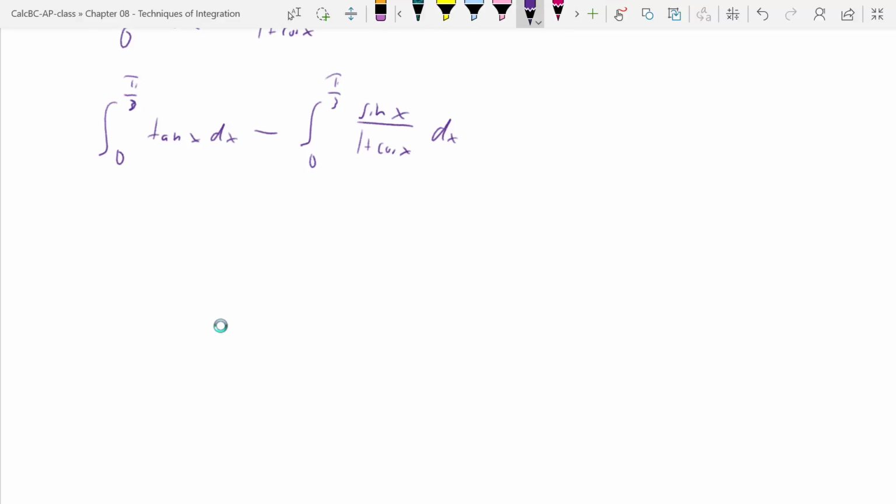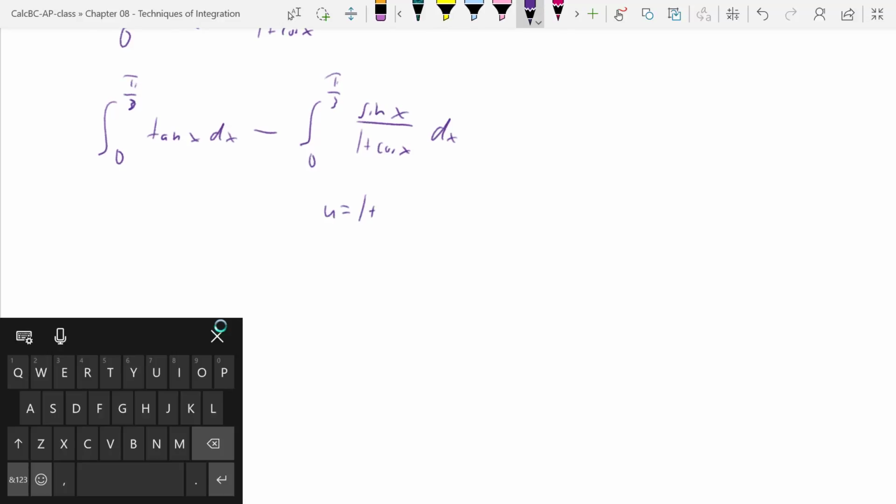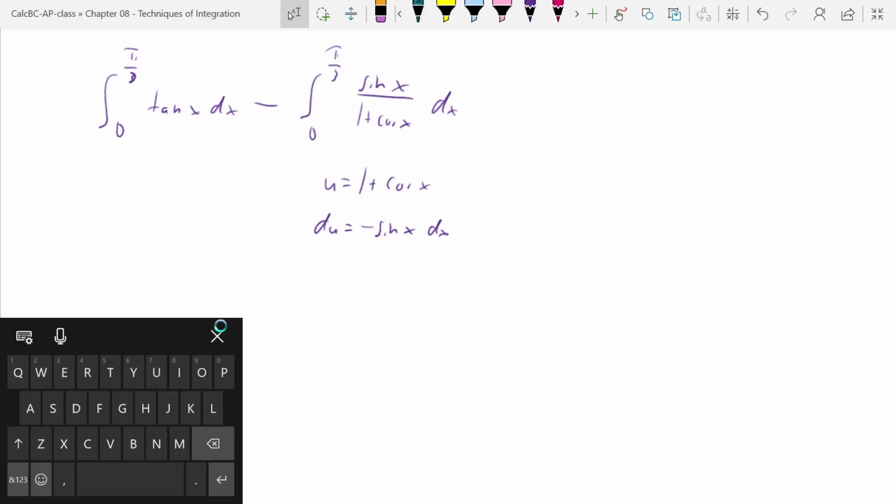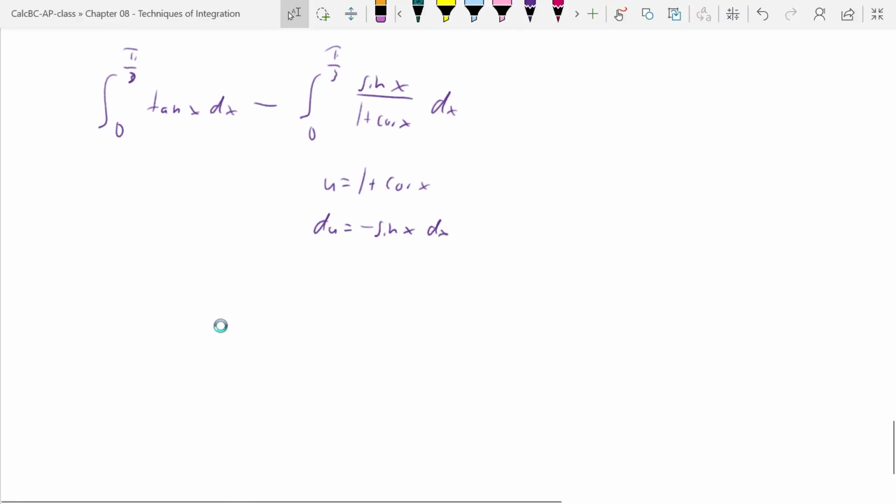Okay, so we're going to let u equal 1 plus cosine x, du is equal to negative sine x dx, and this is going to completely replace the limits on this right side.